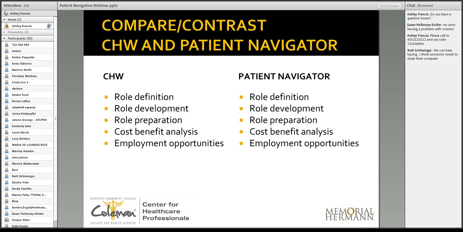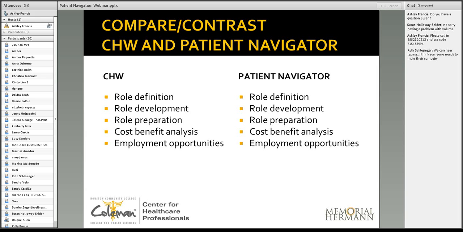The employment opportunities for community health workers are increasing because as more community health workers are brought into awareness of employers, they are seeing the role that they can play, they're seeing the cost-benefit analysis. An example of this is that the Breast Health Collaborative has a community health worker employed who is also a breast health navigator.